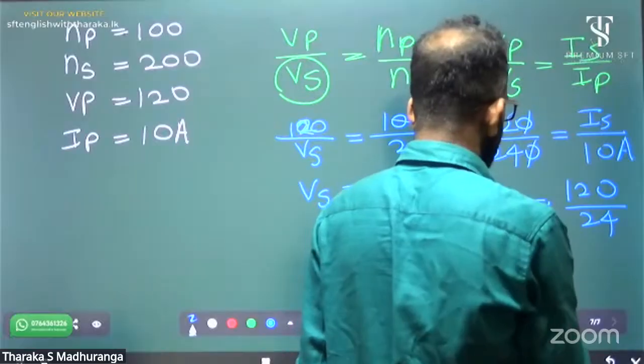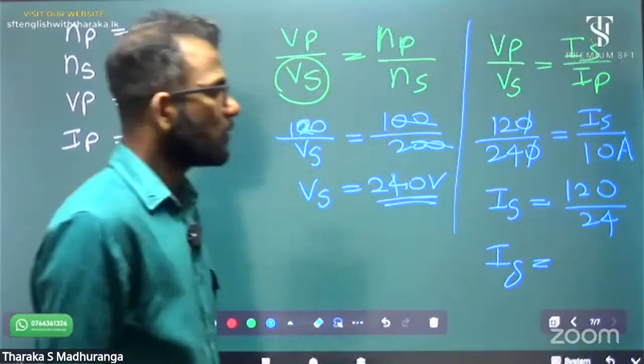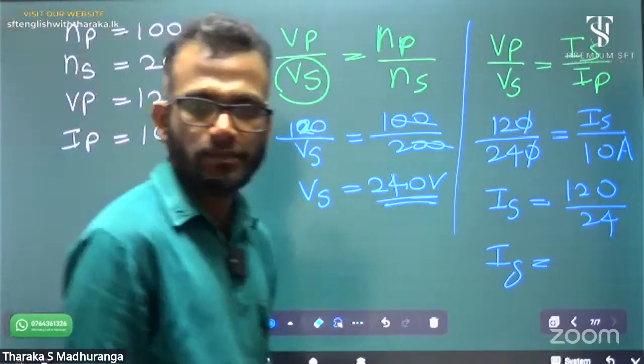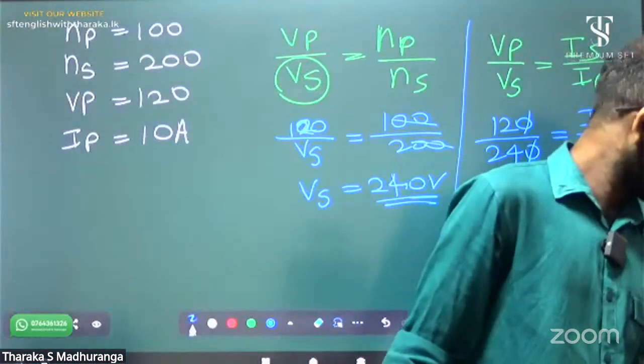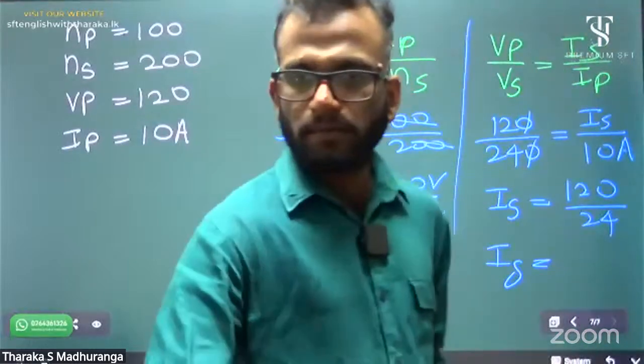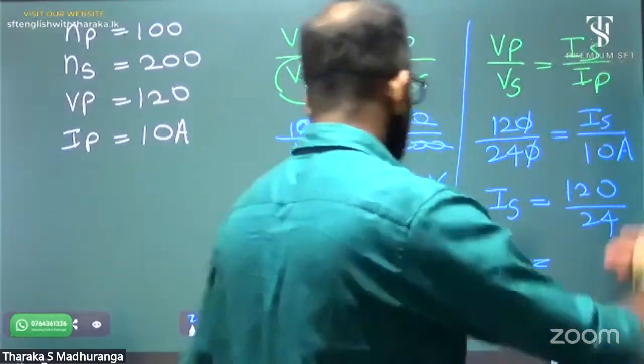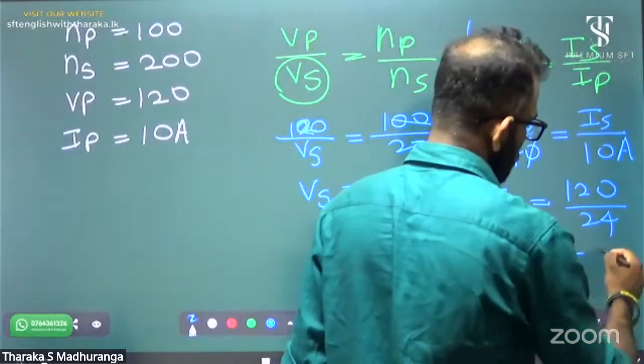Can you tell me the value? It is 6, no? Is it 6? Ah, 5. Yes, 5 ampere.